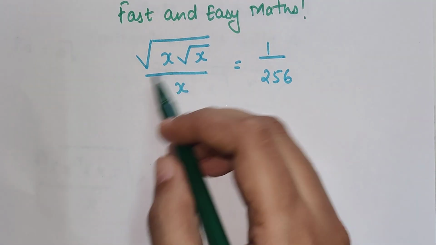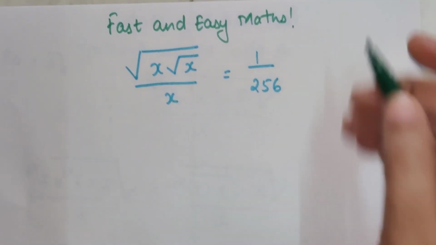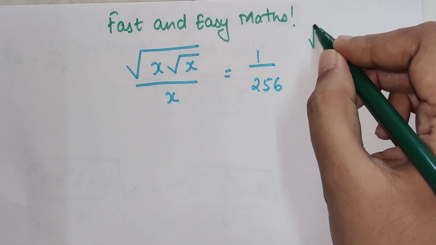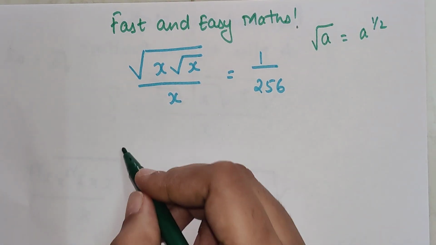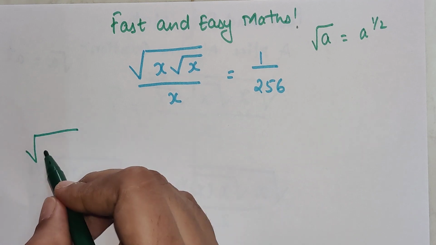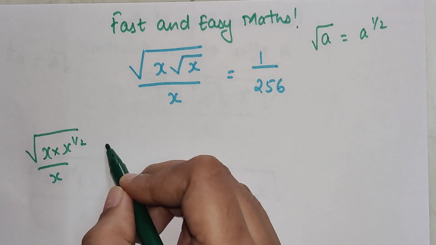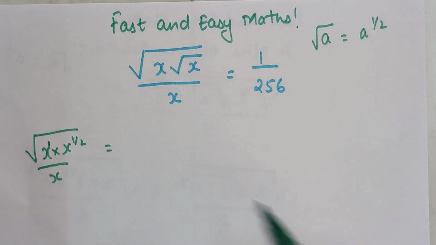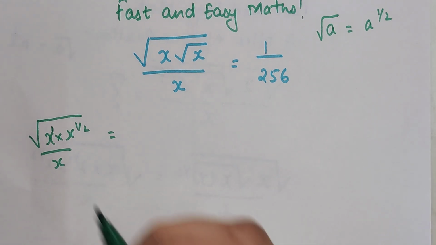Now when you have a root under a root, all you have to do is start with the innermost root. Root of a is nothing but a raised to half. So this will now be written as root of x into x raised to half upon x. Any number which does not have any index on top of it is considered to have an index of 1.